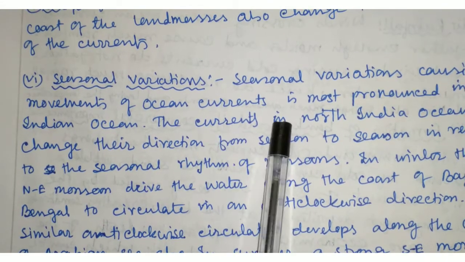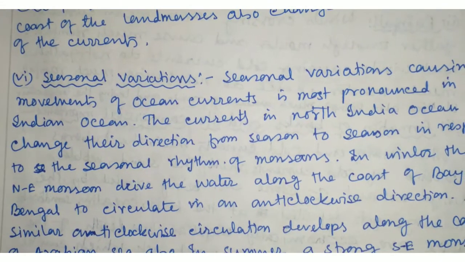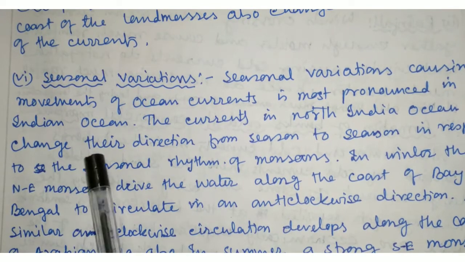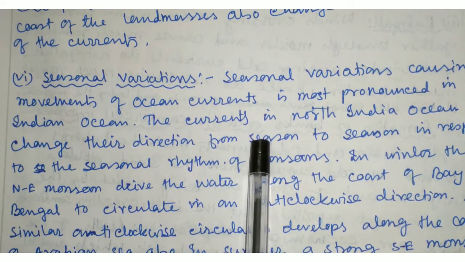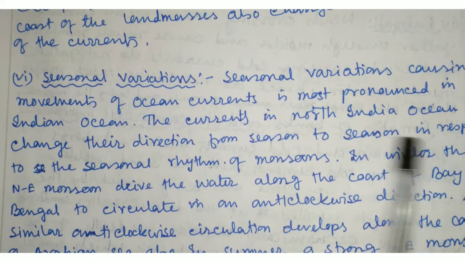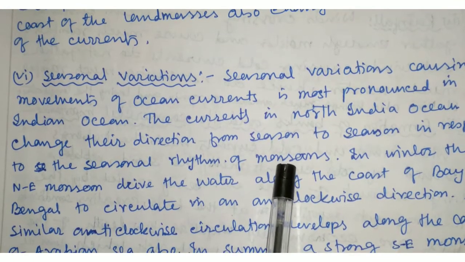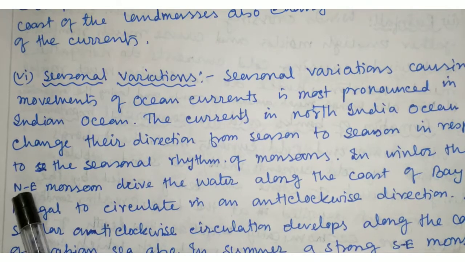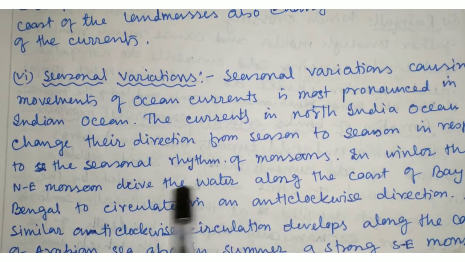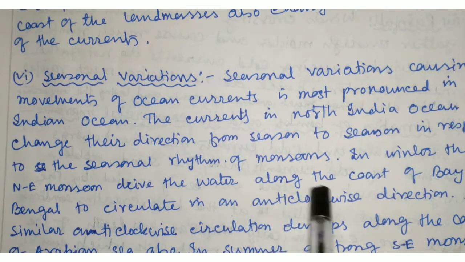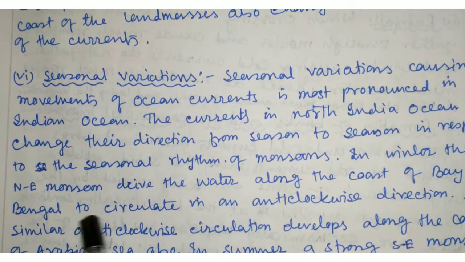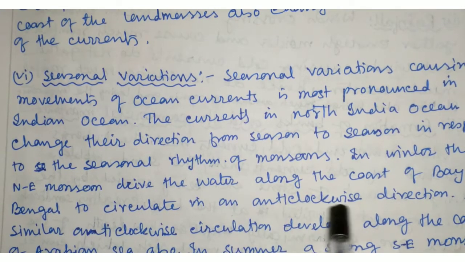The currents in the North Indian Ocean change their direction from season to season in response to the seasonal rhythms of monsoon. In winter, the northeast monsoon drives the water along the coast of the Bay of Bengal to circulate in an anti-clockwise direction.